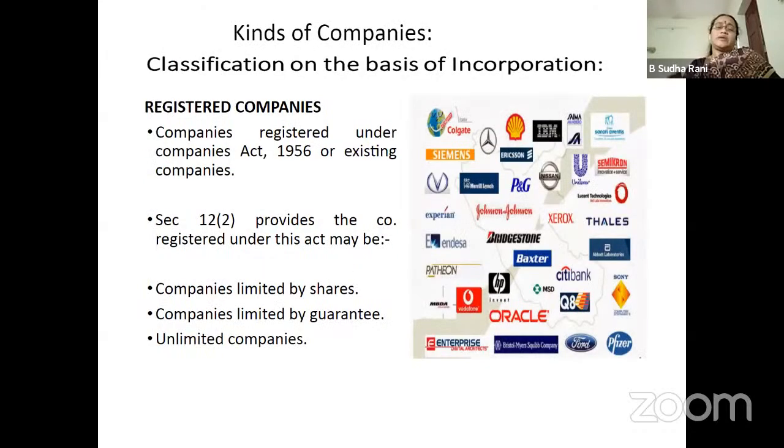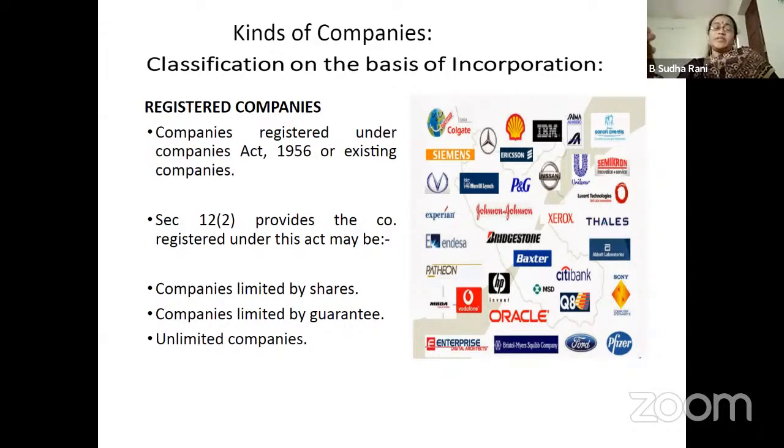The next one, under incorporation, are companies that got registered or recognized or established by the Companies Act; they are all called registered companies.